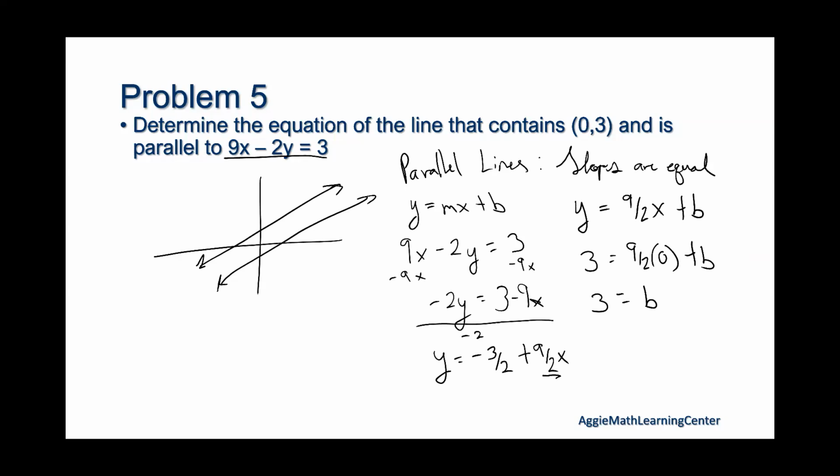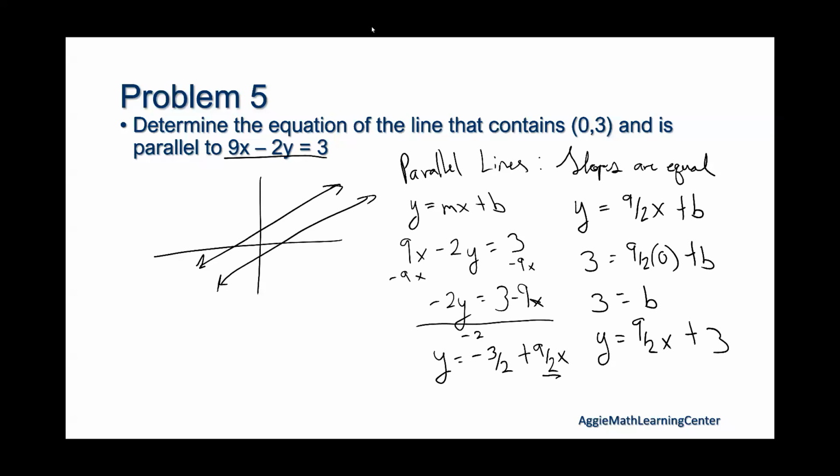Okay. And then we just put all the pieces of information together. We know our slope is 9/2. We know our y-intercept is 3. So our final equation should be y equals 9/2 x plus 3.